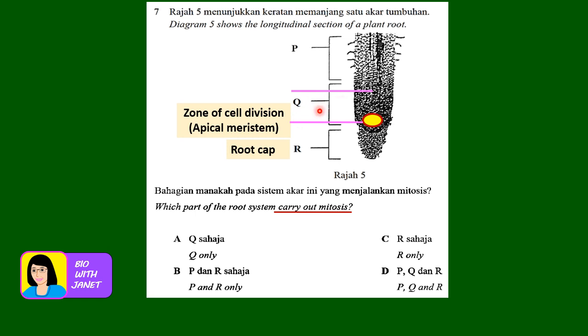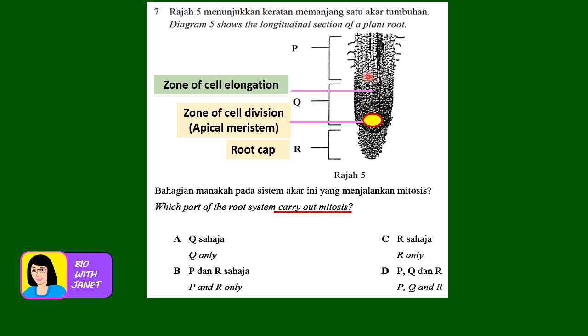So in Q also we have another part somewhere here, which is not separated out, and that is the zone of cell elongation. Okay, so after the new cells are formed, they have to grow, they have to enlarge and elongate. So this second zone, after the zone of cell division, is the zone of cell elongation.